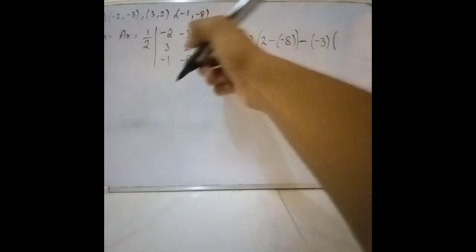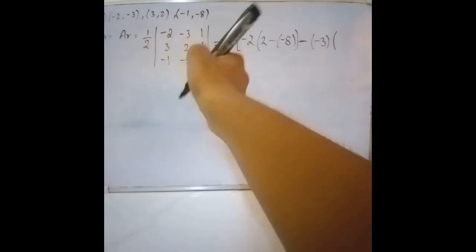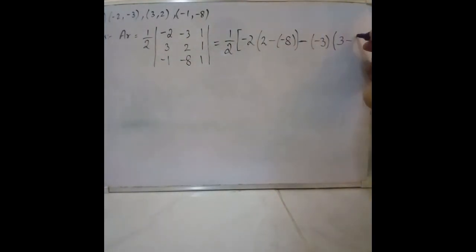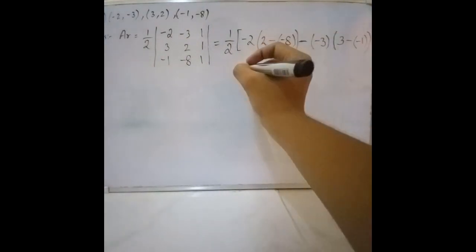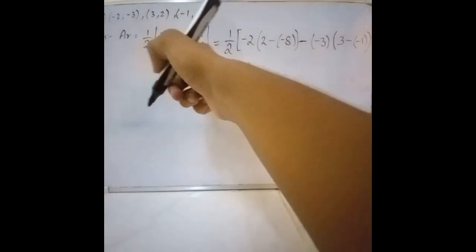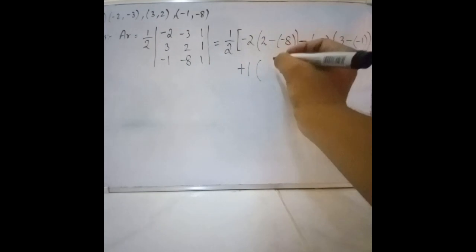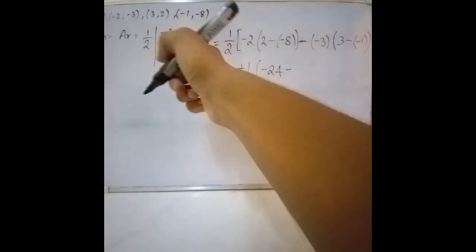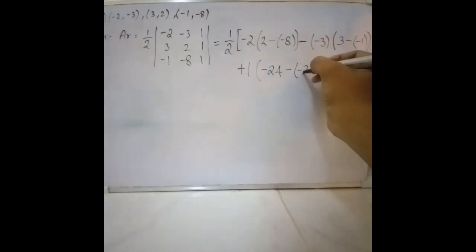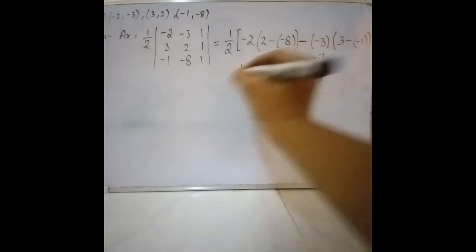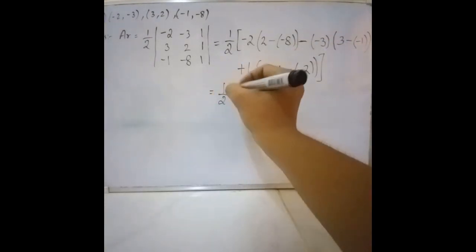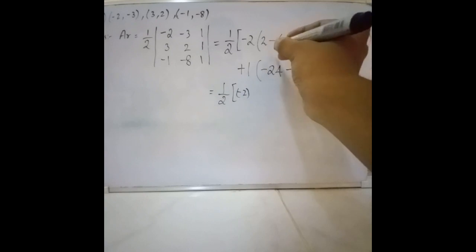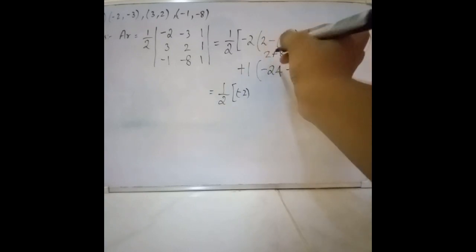Then take the determinant of these 4 elements: 3 into 1 would be 3, and -1 into 1 would be -1 itself. Then plus the determinant of these elements: 3 into -8 would be -24, minus 2 into -1, which is -2. Now just do the calculations. 2 minus -8 would be +8, so 2 plus 8 is 10.